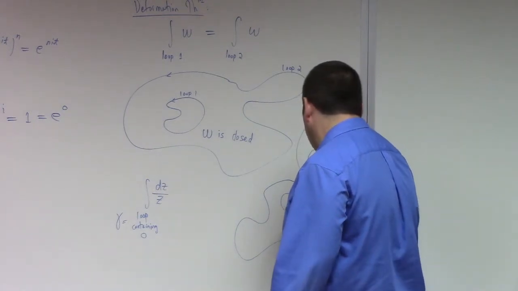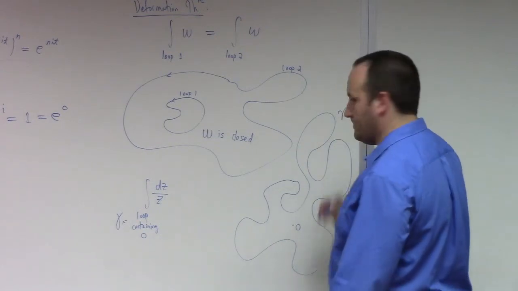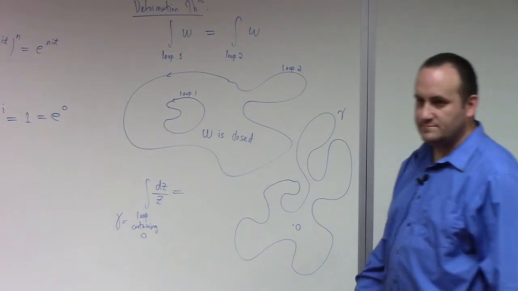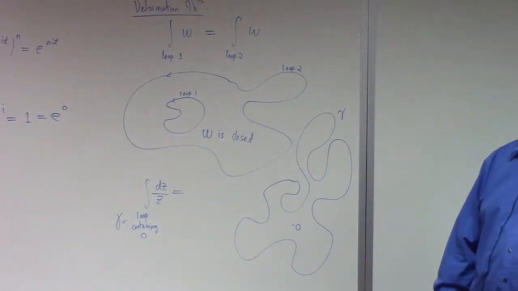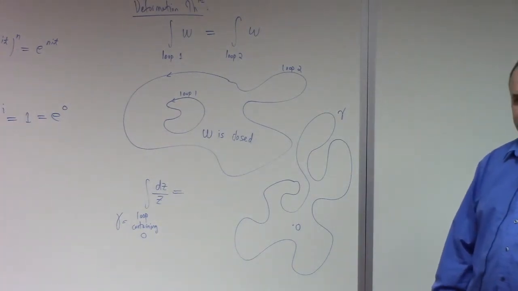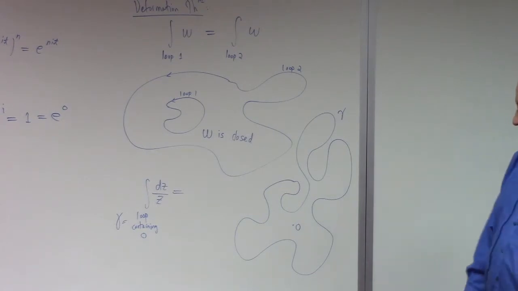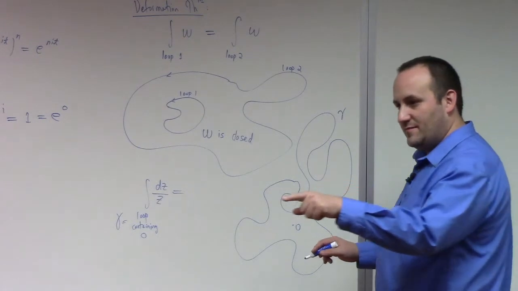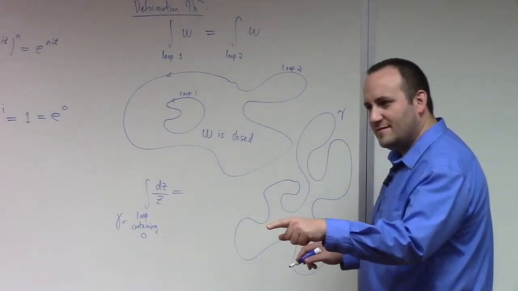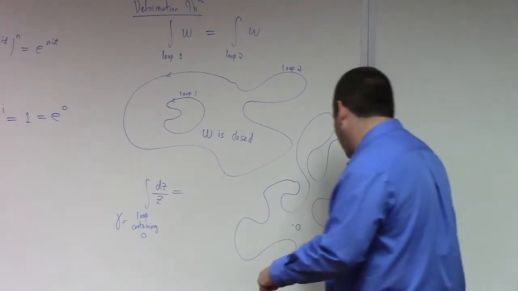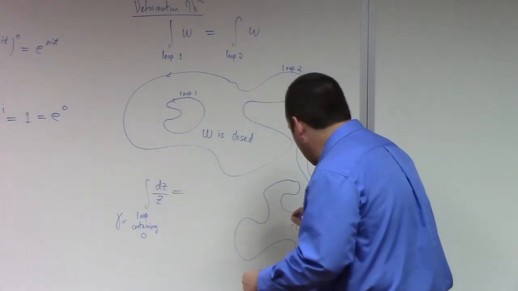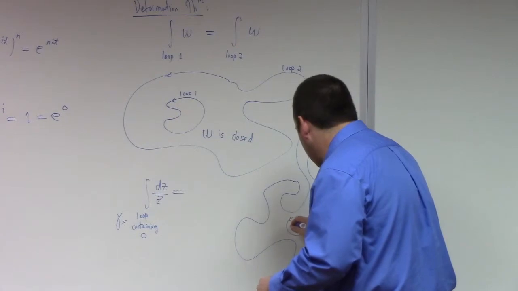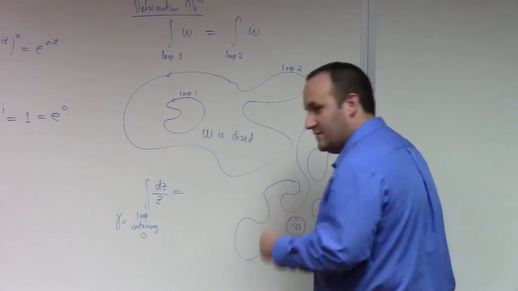Here's 0. This is equal to, zero, no, 2 pi i. Well, yeah, there is something here. In order to use the deformation theorem, we actually need what? We need this. I do need the unit circle in here, right?